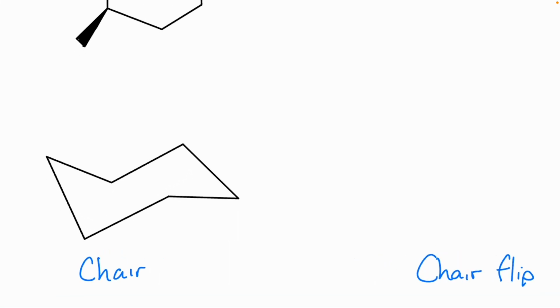I can tell that I have this drawn correctly if every other carbon is sitting at the peak of a triangle, and then the other ones are all sitting at a valley of a triangle. Okay? The ones at the peaks have their axial positions pointed straight up. All right, the ones at the valleys have their axial positions straight down. And everybody's got an equatorial position pointed out away from the ring.